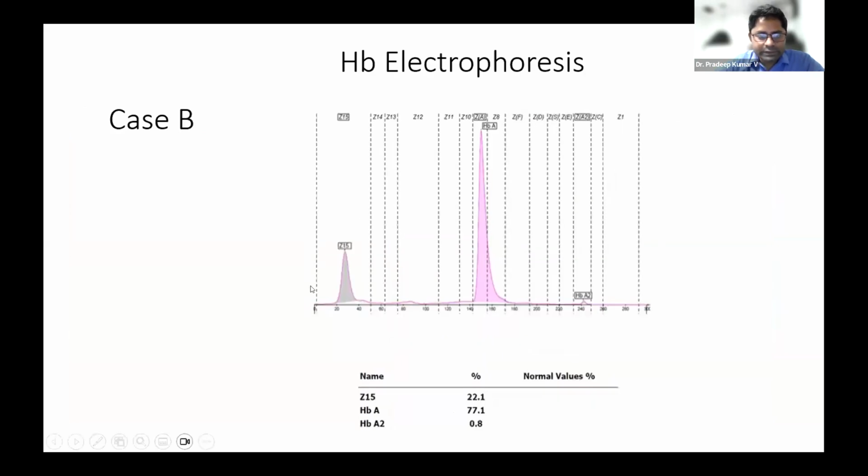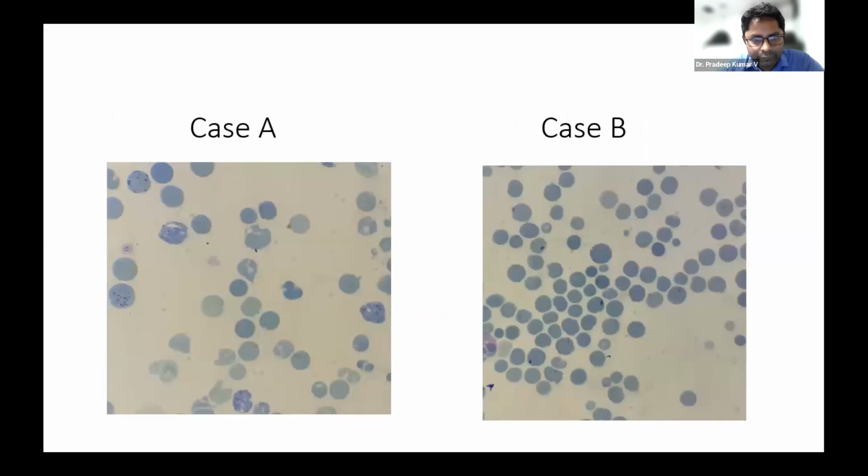But electrophoresis revealed a fast moving band in zone 15. Whenever you have this in zone 15, and there are people who requested a manual reticulocyte count, we will do a supravital stain. In case A, you have a few reticulocytes, but nothing much. Here we had reticulocytes, but along with that, we have a lot of golf ball inclusions.